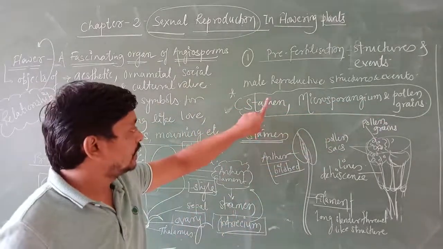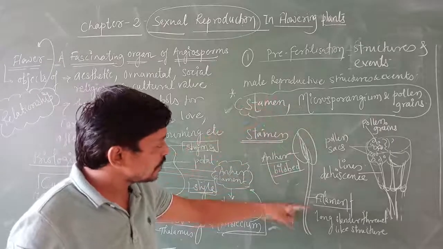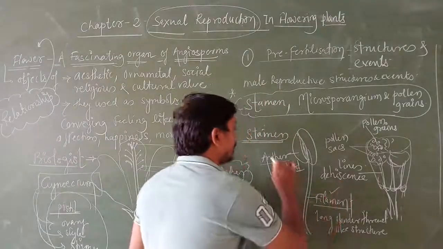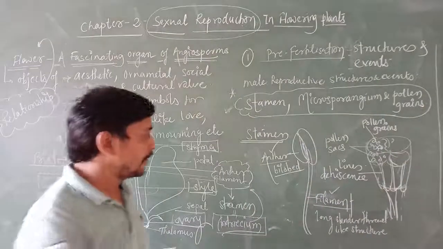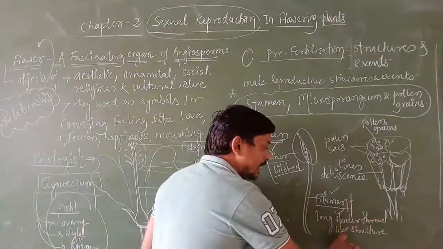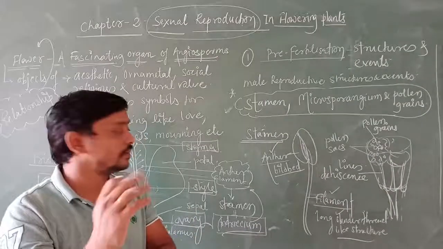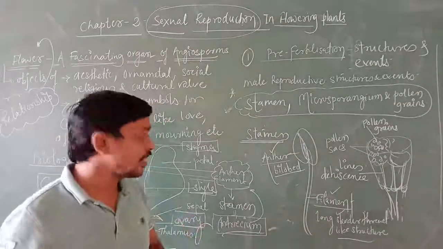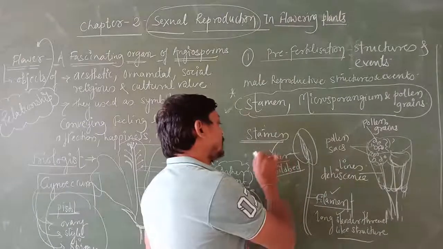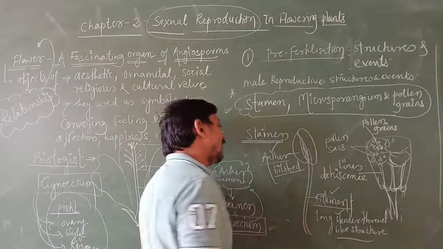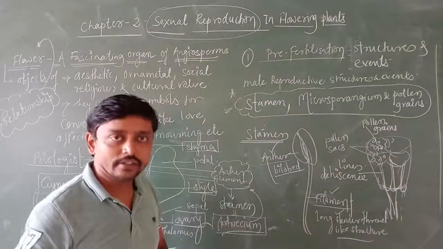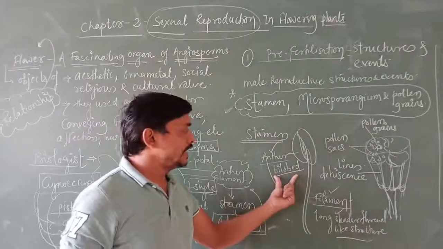Now we are studying the stamen. Stamen consists of two parts: one is the filament, another one is the anther. The filament is a long thread-like structure, and its number and length vary from one flower to another. Afterwards, the anther is attached above the filament, and it is usually bilobed.